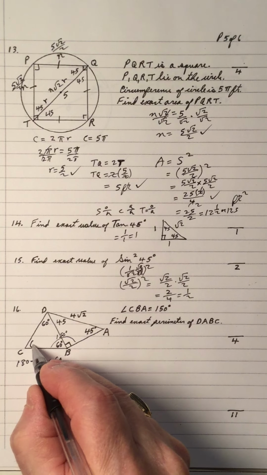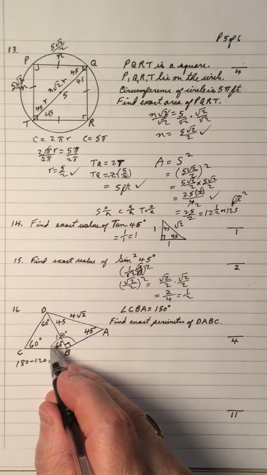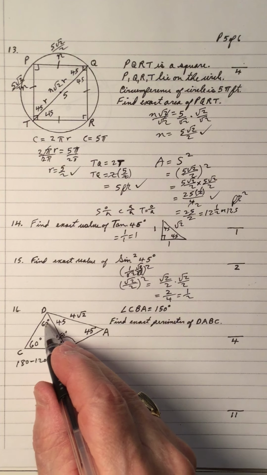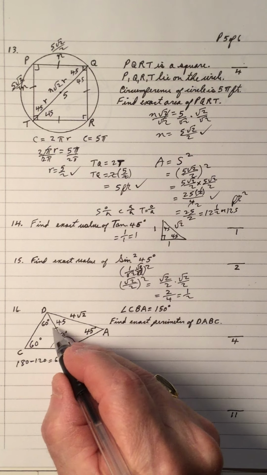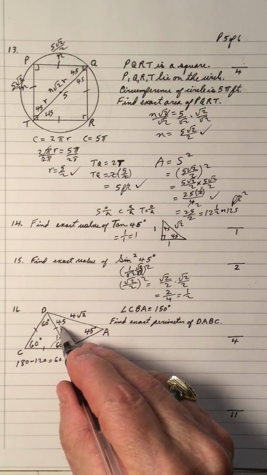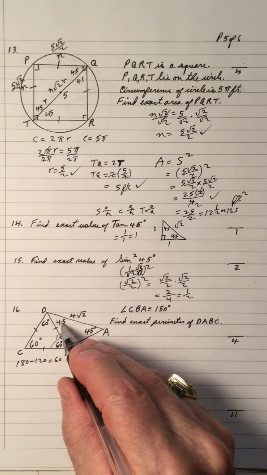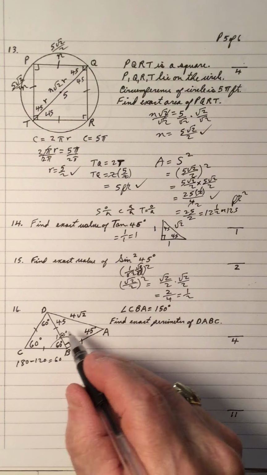So that means this angle at C is 60. So all the angles are 60. Which means if all the angles are equal, this is an equilateral triangle. So that means that all these sides right here are equal. Because this is a 45 right triangle, two sides equal, that means this side is equal to this one.